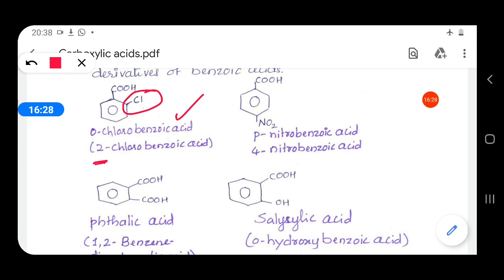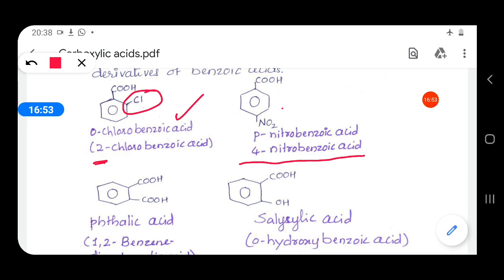Another example: benzene ring with COOH becomes benzoic acid. On the fourth carbon, a nitro group is present. So in the common name, that fourth carbon is called para. So it is para-nitrobenzoic acid. The IUPAC name is 4-nitrobenzoic acid.